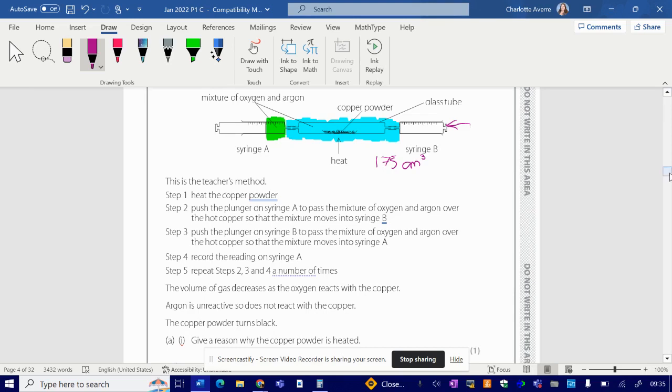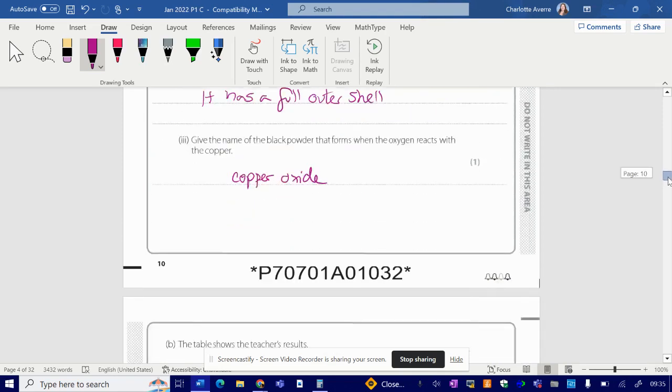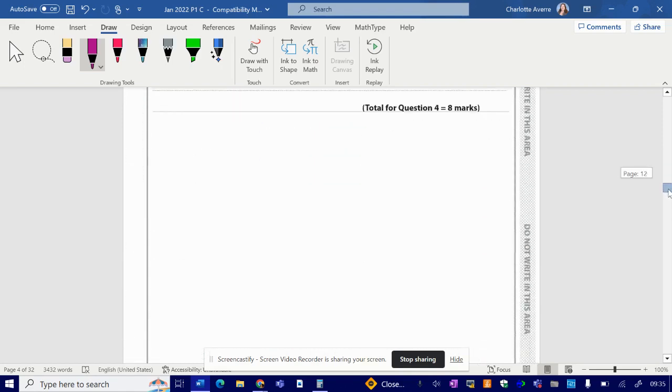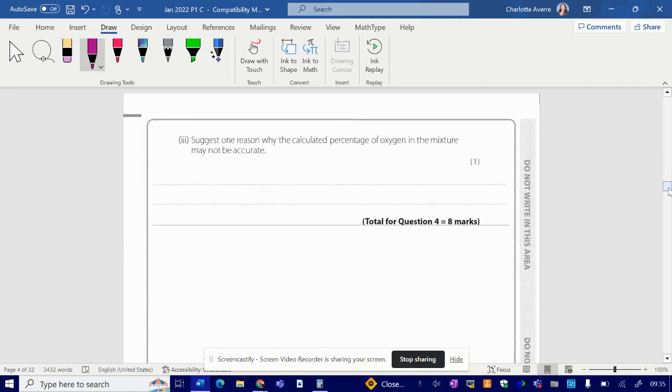They've waited until the mass becomes constant. So that's not a problem. So therefore I would say the most common thing that could be wrong with it is that the connecting tubes are not connected properly and there is a leak somewhere. So there could be a leak in the connecting tubes.